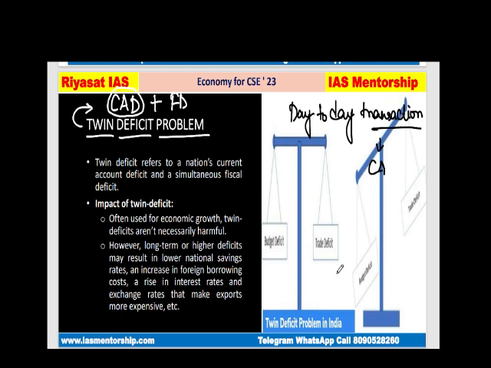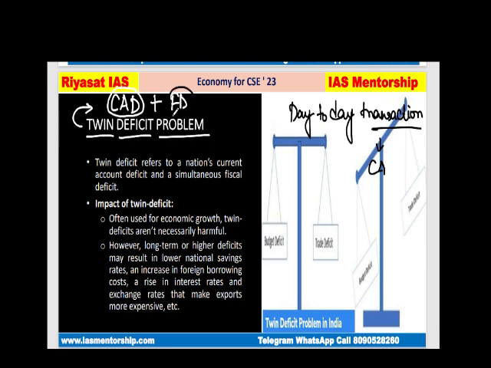Clear? And when it is in deficit, it means that the outflow of rupee is more than the inflow of dollar. Clear? That is why deficit is happening.